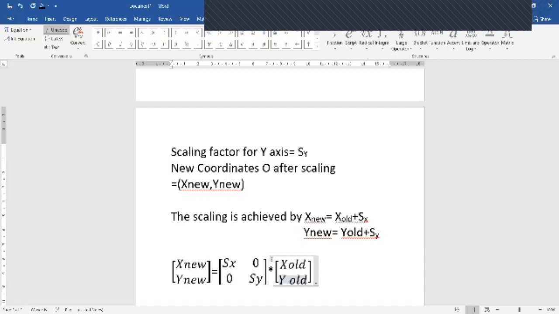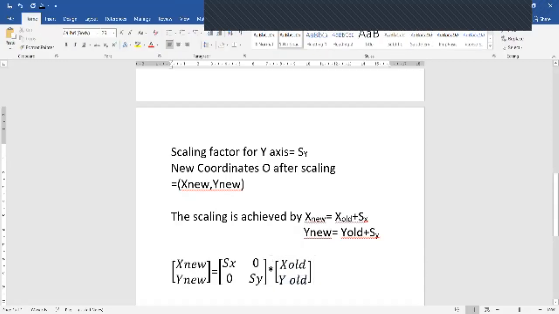This type of representation is known as the scaling matrix.